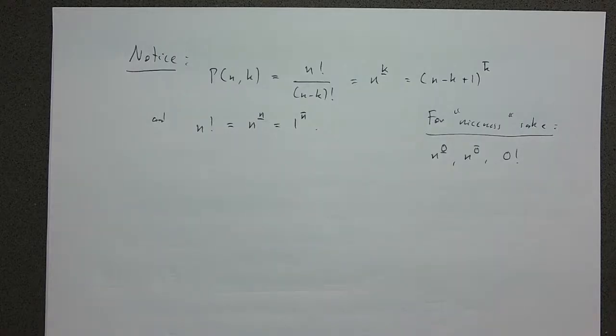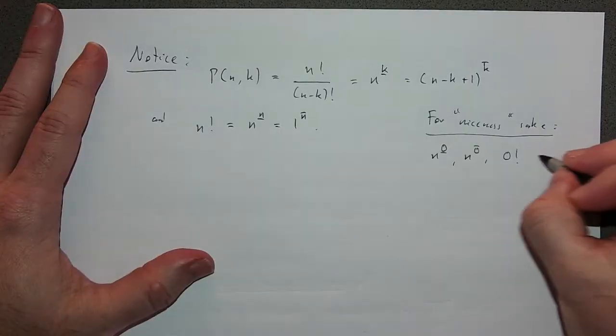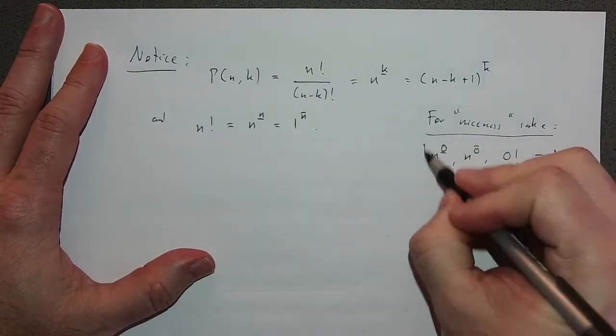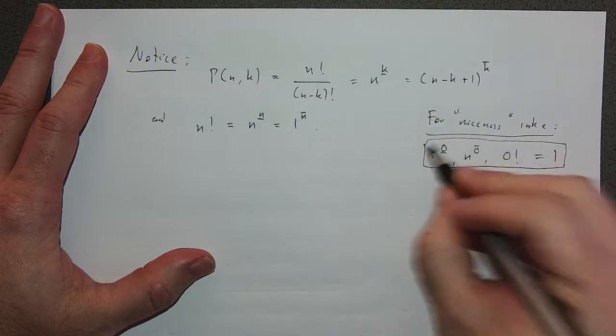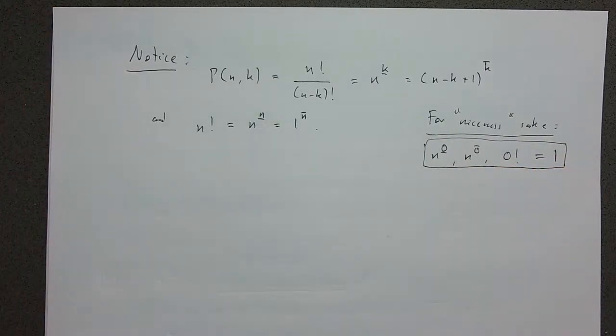When we multiply an expression by an empty product, we don't want the expression's value to change. So we are going to set the value of all of these things to be 1. These might be called degenerate products or just empty products. All of these take the value 1. This is a definition, and it's a definition that makes all the formulas work out nicely. So that's what I mean by niceness's sake.